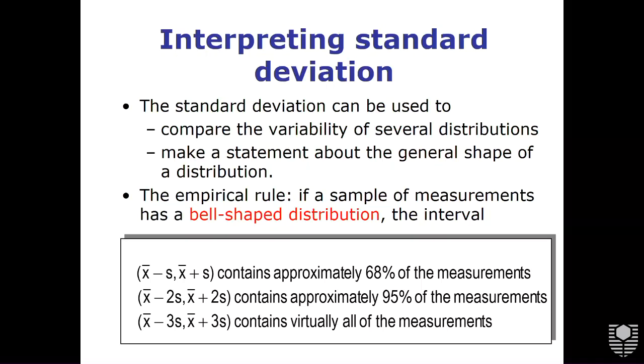The black one. So that one is x bar minus 3s equal to 10 minus 3 times 8. And that one in here will equal to x bar plus 3s will equal to 10 plus 3 times 8. 34.